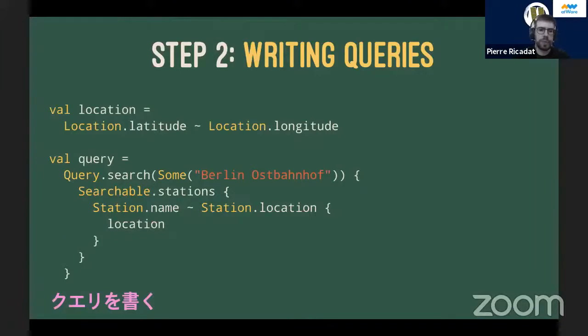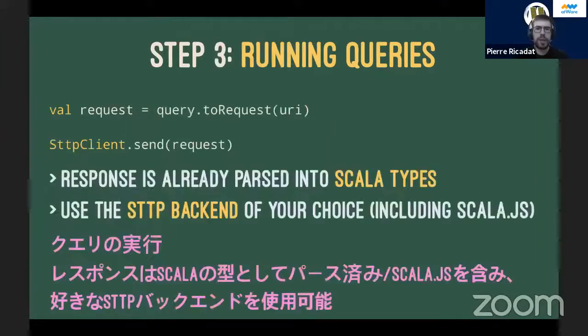Now, how to run this query? That's pretty easy. Caliban client uses a library called STTP, which is very flexible and lets you use many different backends. You can use STTP with Future, with ZIO, with Cats Effect.